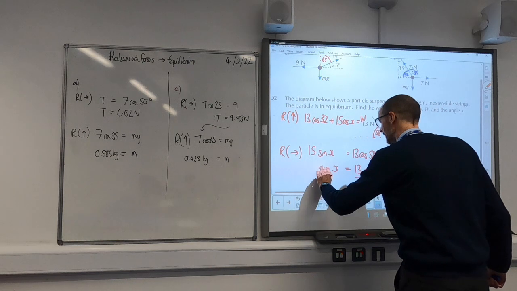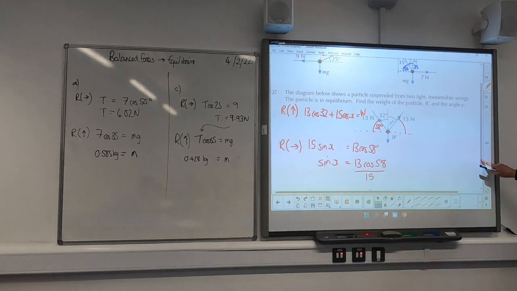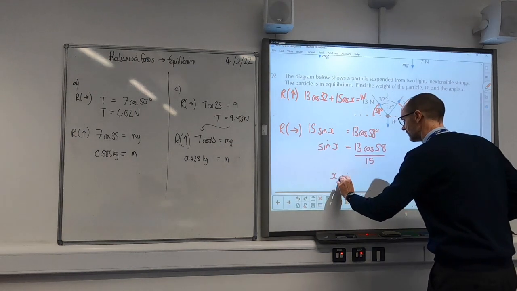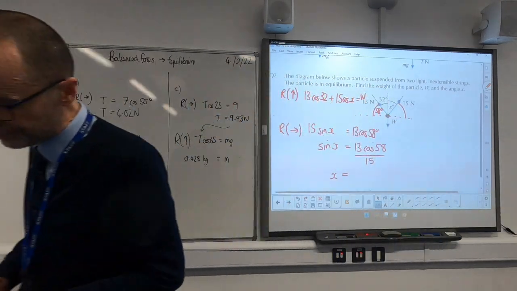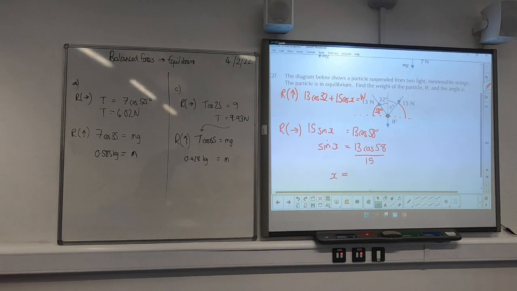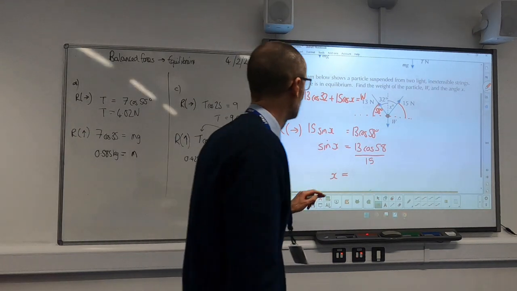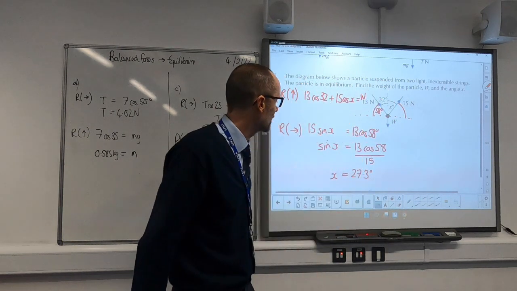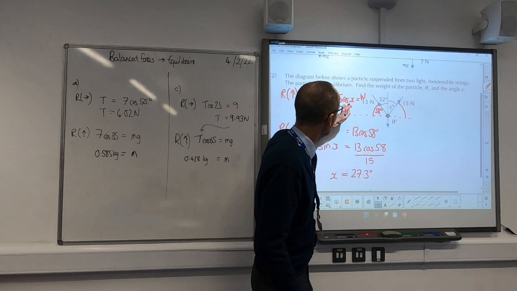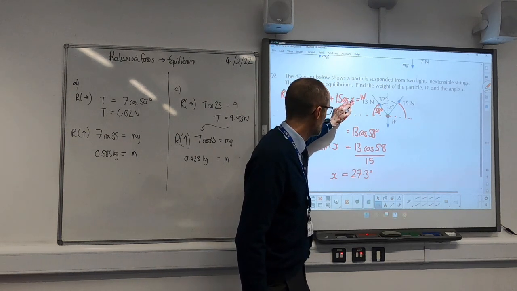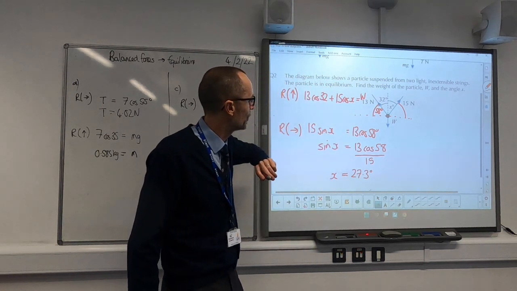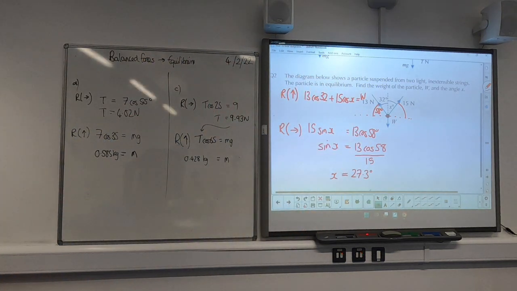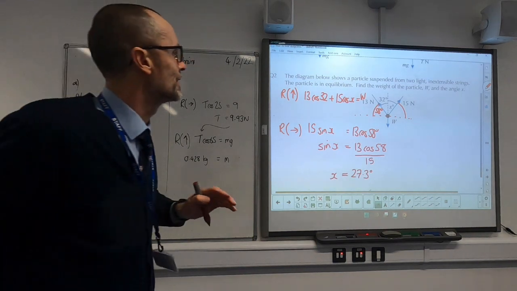So sine x equals that, so you shift sine that to get a value of x. 27.3. Store the exact value of 27.3 because you're going to need it up here. Once you know that x is 27.3, you can work out w, and w should come out at 24.3 newtons.